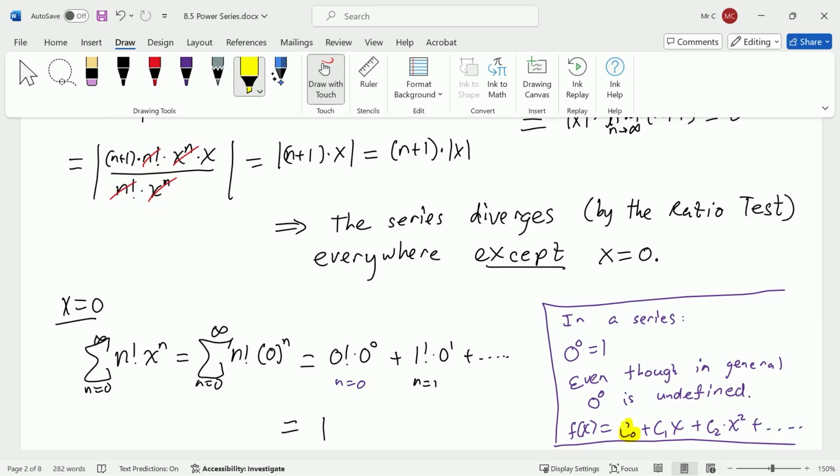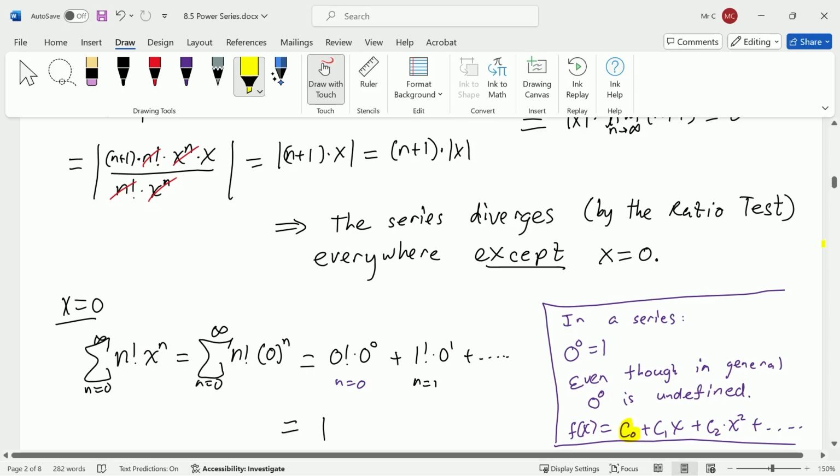So since we want to make sure that the first term of our power series is always a constant, we choose to make a sort of notational exception for power series and say, whenever we're talking about a power series, what we mean when we say 0 to the 0 is actually 1, because we want that first term of our polynomial to be the appropriate constant.